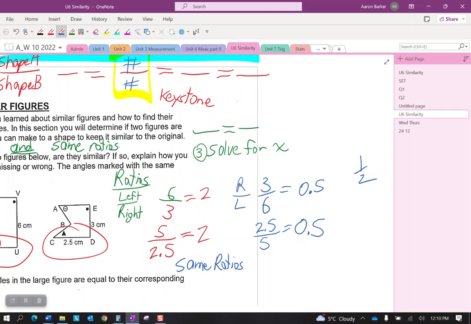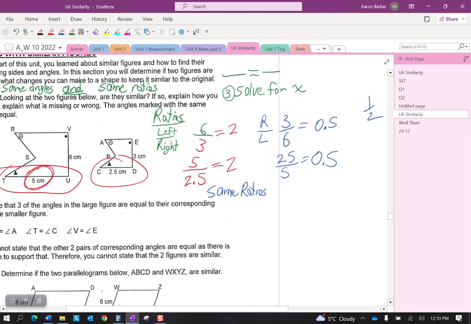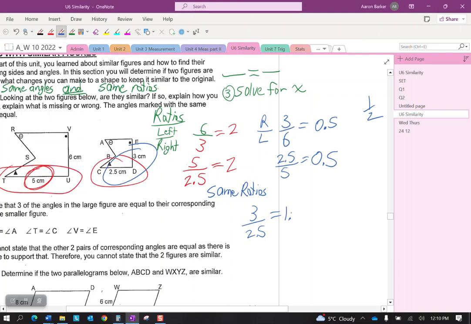Now, this can also work a different way as well. You can also see the ratios of the same shape. So 3 divided by 2.5. So now I'm using the ratios here of the same shape. If I go 3 divided by 2.5, I get 1.2.